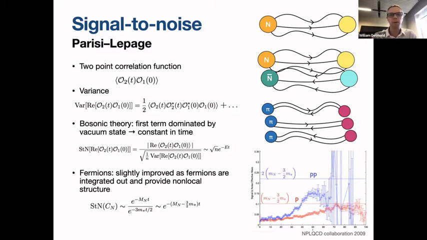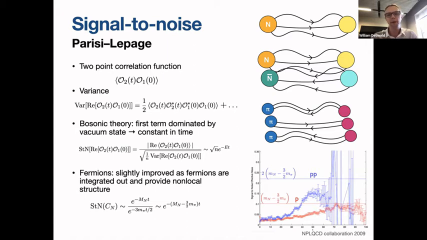And so when I look at this signal to noise ratio, presumably we've chosen operators O1 and O2 that by themselves have some particular quantum numbers, for example, the nucleon. So the expectation value of this correlator is going to fall off exponentially with the ground state of those quantum numbers, which I'll just note by E here.